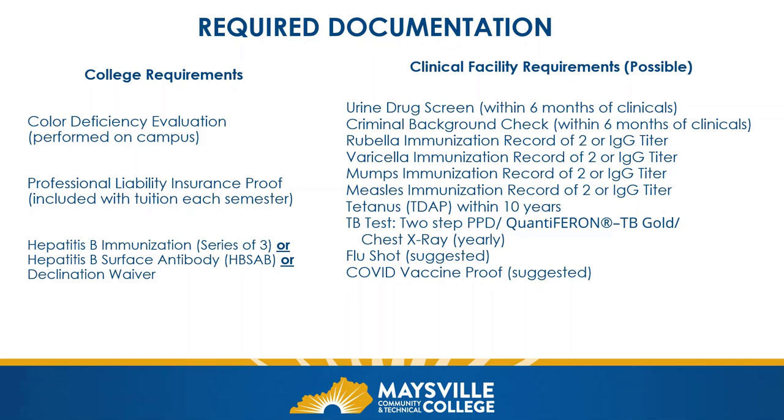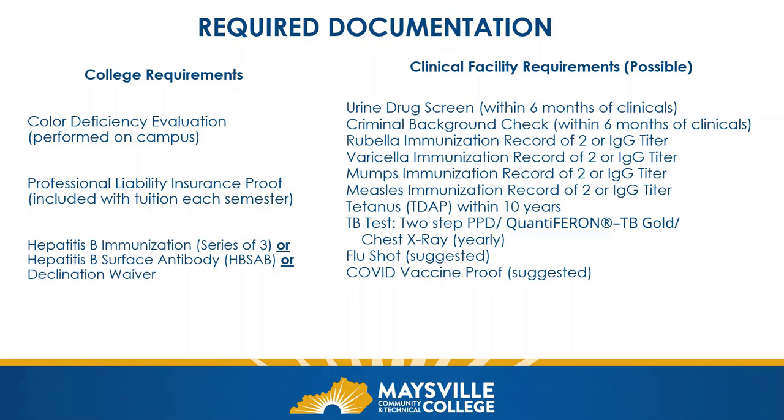A urine drug screen is required within 6 months of clinical rotation, as well as a criminal background check within 6 months of clinical rotation. A record of 2 immunizations or IgG titers drawn for rubella, varicella, mumps, and measles is required. A tetanus that is within a 10-year time frame.